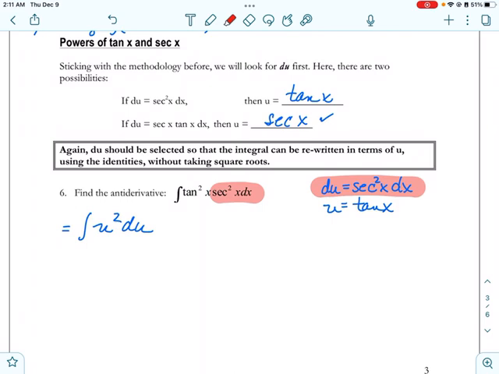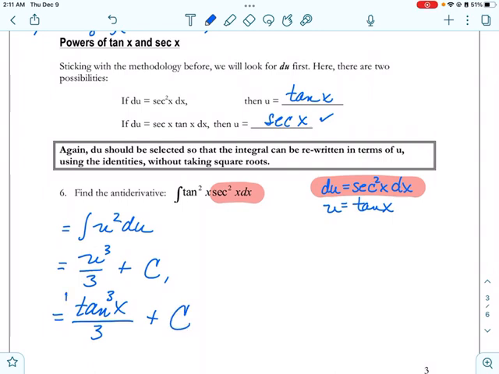I'm going to say my u is going to be tangent then, going backwards. So I end up with the integral of u squared du, so that'll just be u cubed over 3 plus c, and then my answer then would be tangent, because u is tangent. Tangent cubed x over 3 plus c. And there would be my antiderivative.